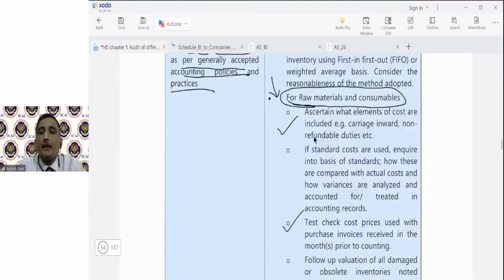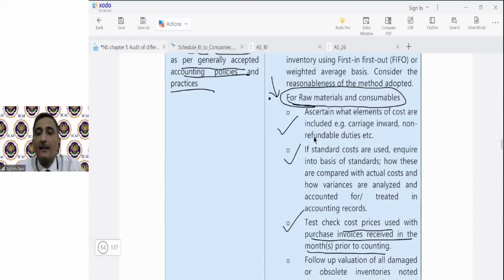Test check cost prices used with the purchase invoices in the months prior to counting. And if the company is using standard costs, then see how standard costs are arrived at. Standard cost, students, you would be reading in your costing. And whether these standard costs are comparable with actual costs, or if there are variations, how these are analyzed.